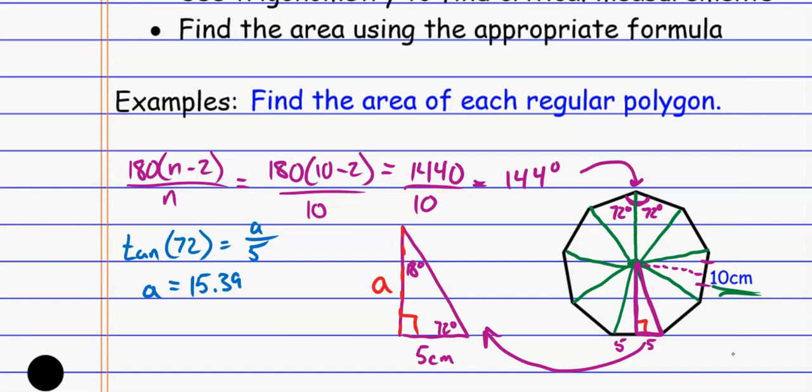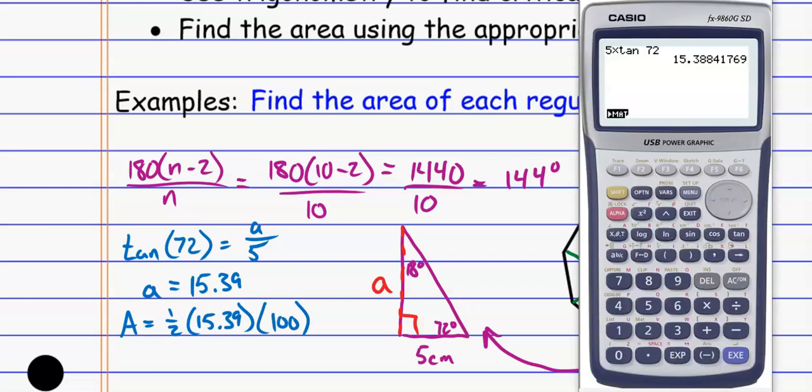Well, now I can find the area by saying, okay, the area equals 1/2 the apothem times the perimeter of this one. And the perimeter for this one, because each side is 10, there's 10 sides, the perimeter is going to be 100, okay? So again, this becomes a job for my calculator, 0.5 times the 15.39 times the 100.